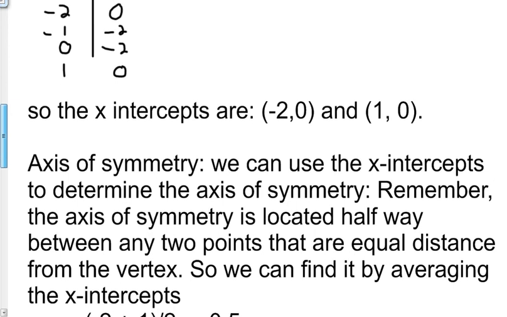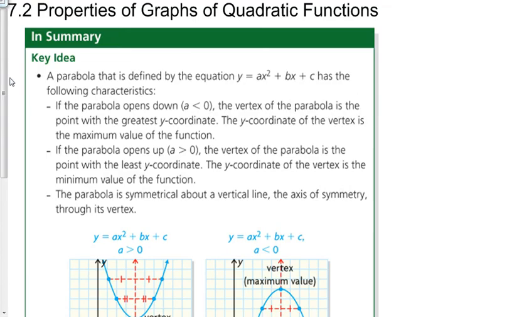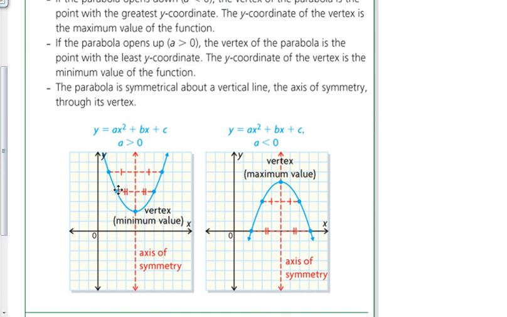The axis of symmetry. We can use the x-intercepts to determine the axis of symmetry. Remember, it's located halfway between any two points that are equal distance from the vertex. If we look back here, I have these points. The axis of symmetry is exactly halfway in the middle of them. I also have these points. These are my x-intercepts, and my axis of symmetry is going to be exactly in the middle of them.